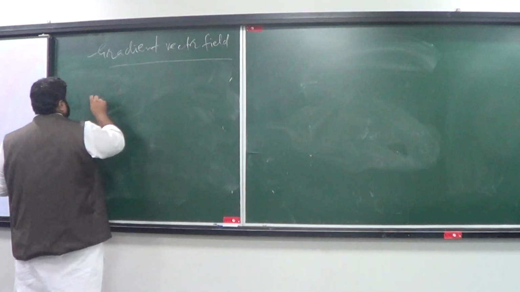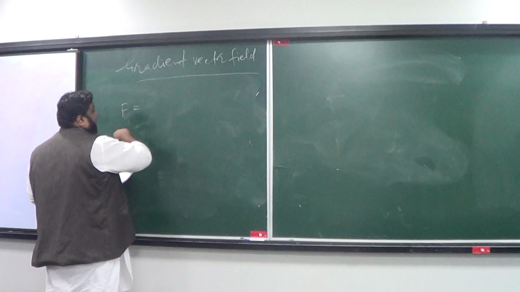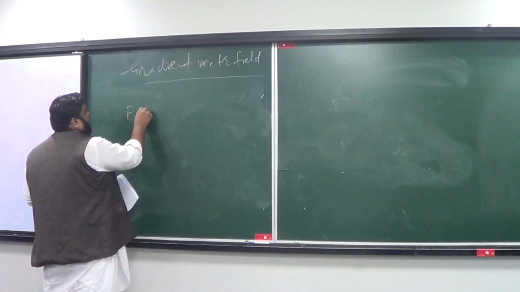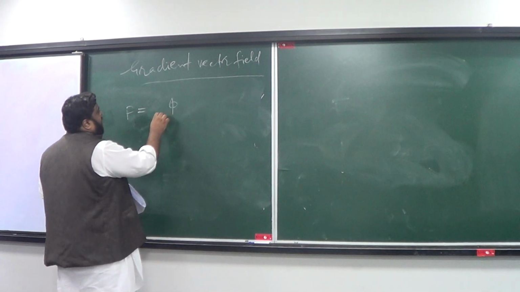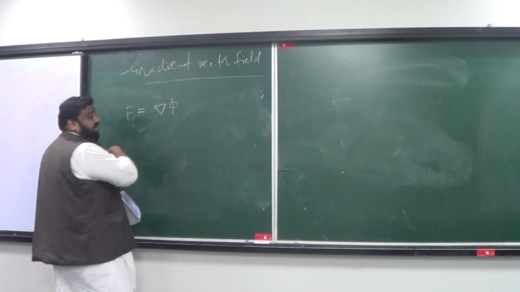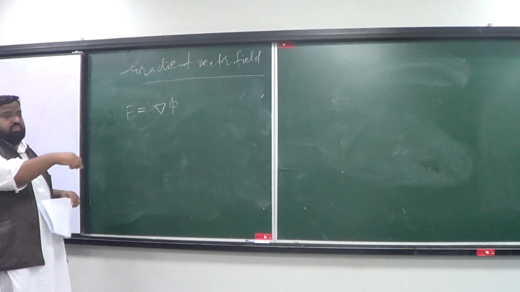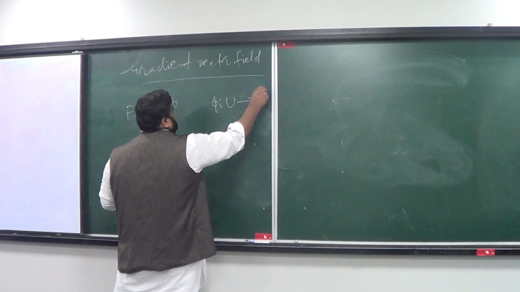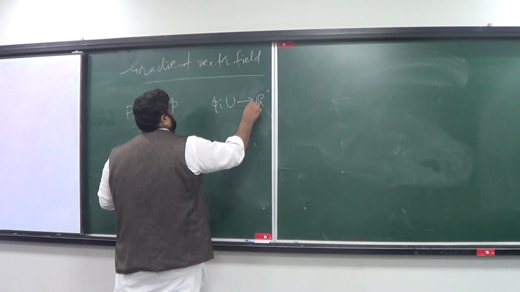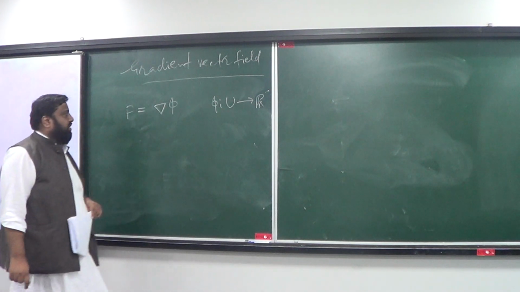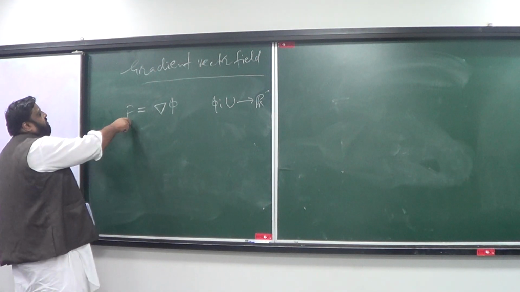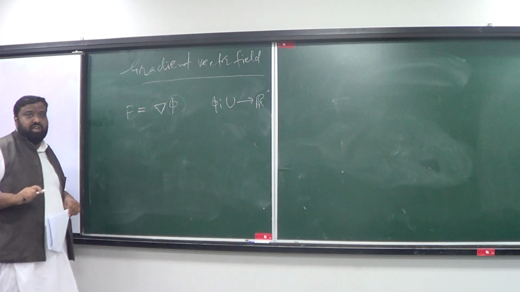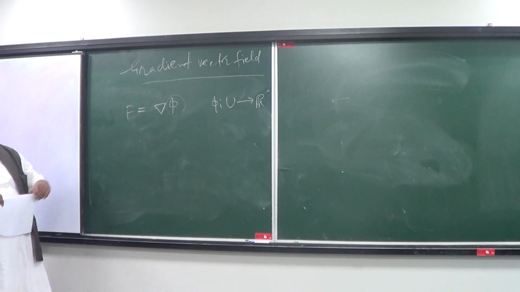A vector field F is a gradient vector field, as you defined last time, if you can find a smooth scalar field whose gradient is F. So phi is a smooth scalar field on some open set R, and its gradient is F. F would be a gradient vector field if you can find such a scalar field whose gradient gives you F.